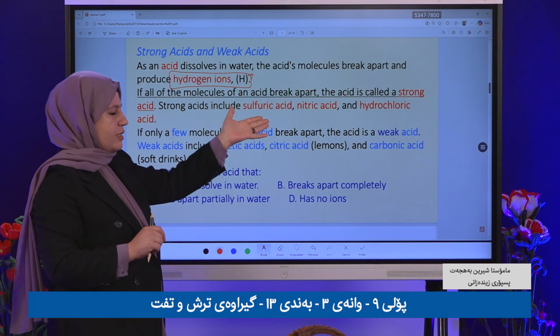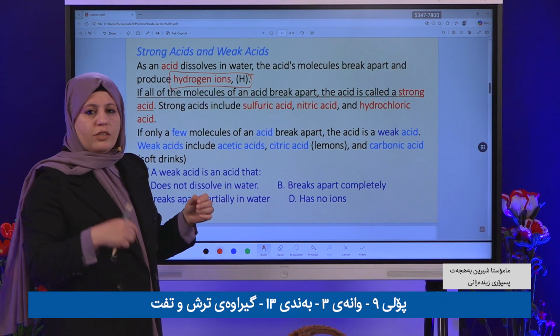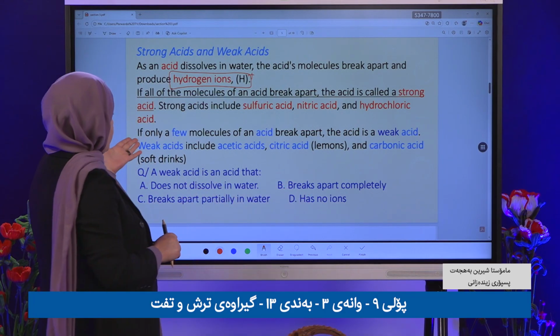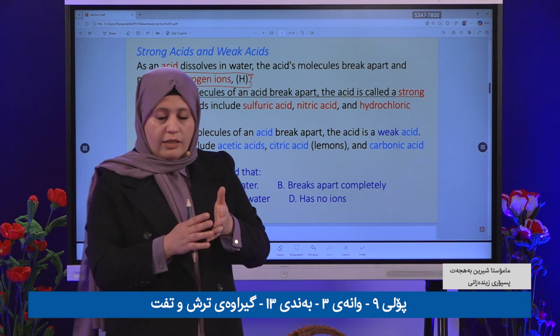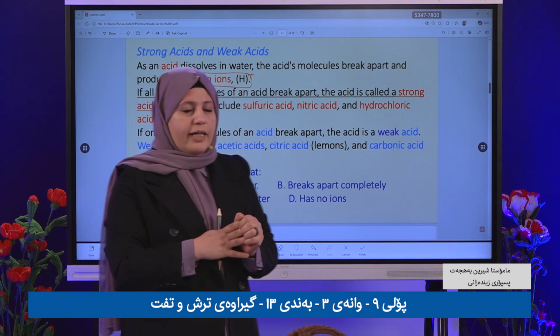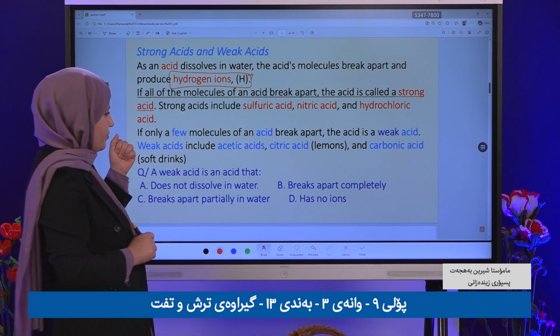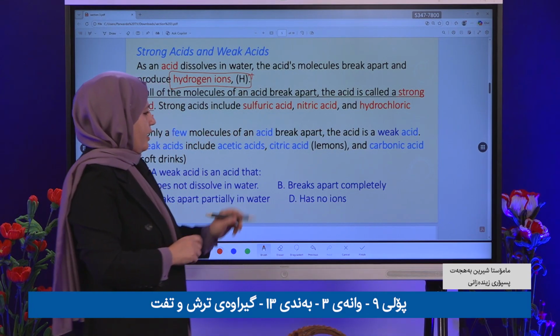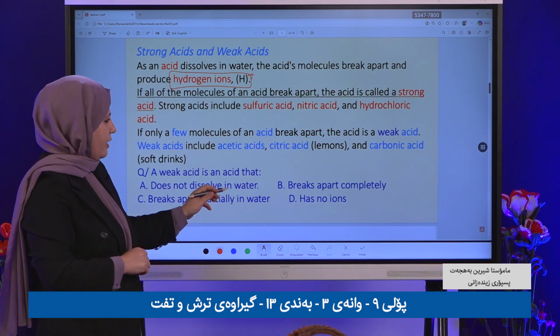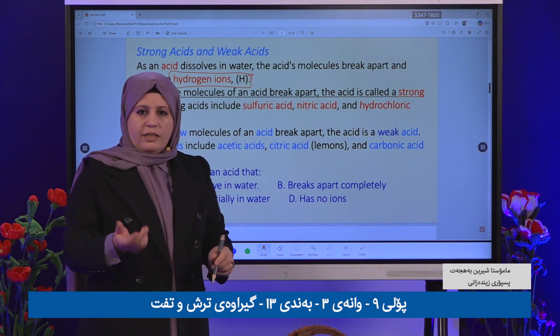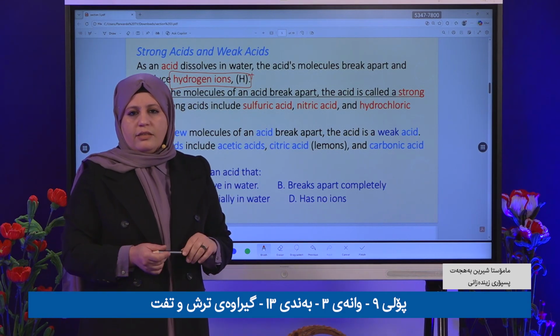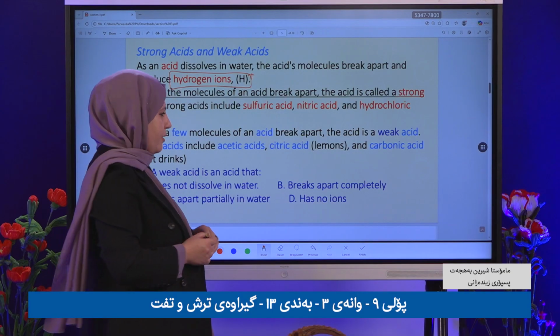These names are very important to memorize, especially for the national exam. If only a few molecules of acid break apart, not all, it becomes a weak acid, such as acetic acid, citric acid, and carbonic acid, which is present in lemon. This kind of acid is safe to drink.